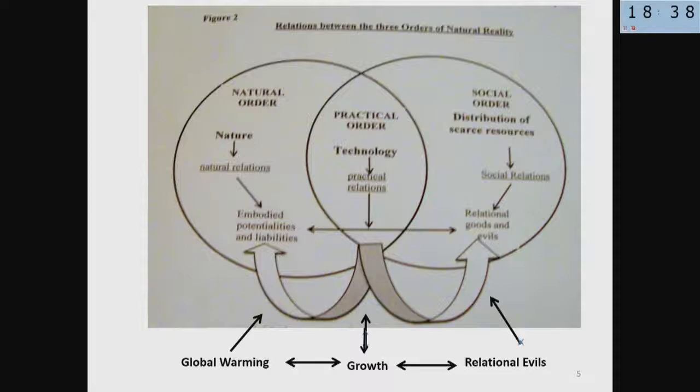So if we look at the relations between the natural and the practical orders, the practical order just stands for what used to be called material culture, the techniques by which we do things.